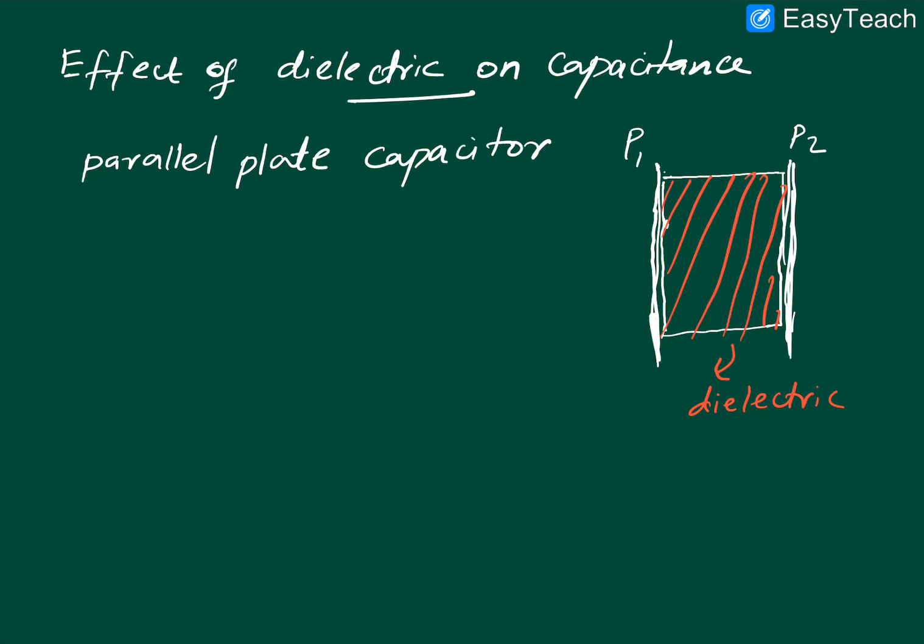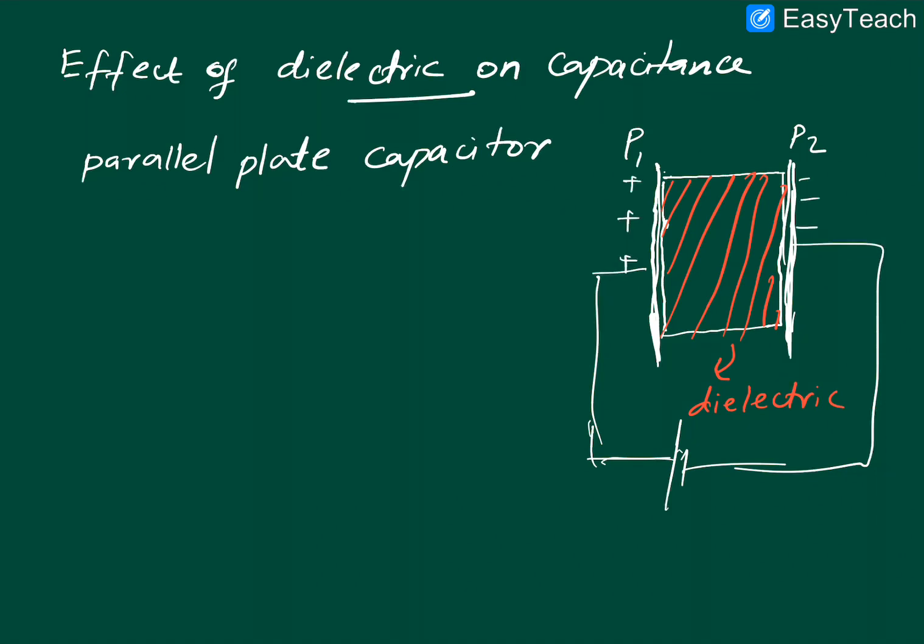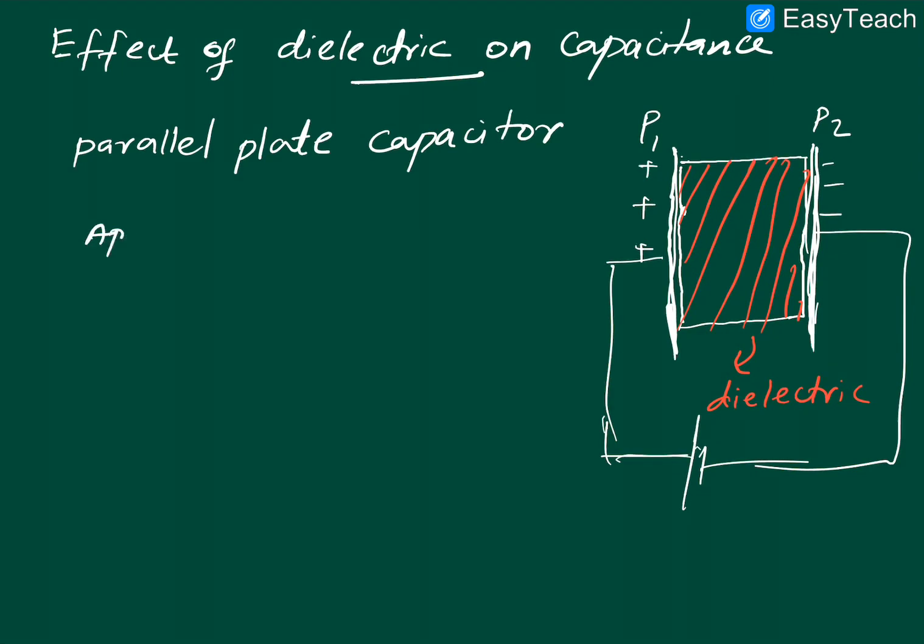When you connect the plates to the battery, when the dielectric is not there, let us say that there is an electric field from P1 to P2. If P1 is positively charged and P2 is negatively charged, there is an electric field, an external applied electric field E0.